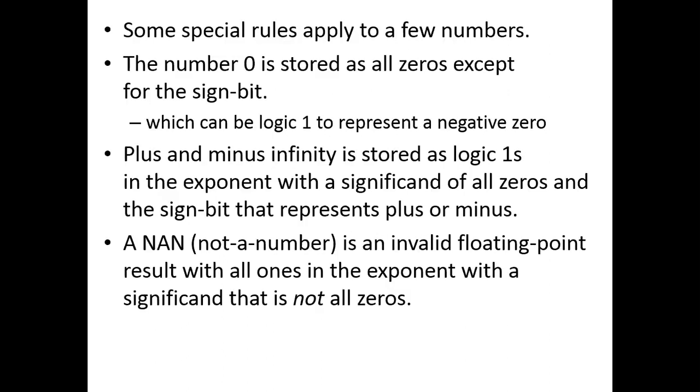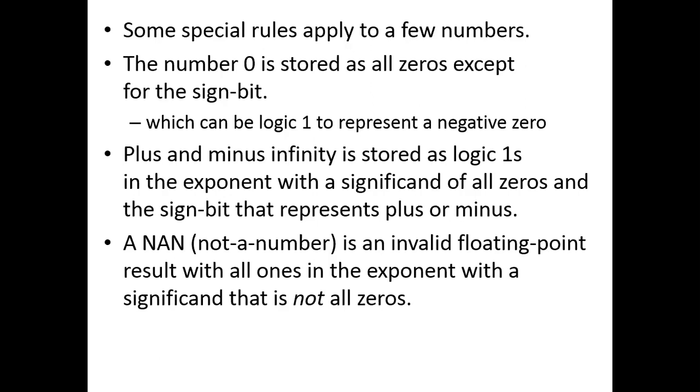To do all these, we need to apply a few rules. The number 0 is stored as all zeros except for the sign bit. Here in this representation, we can have a plus 0 and a minus 0. If the sign bit is 1, it indicates a negative 0. If the sign bit is 0, it indicates the positive 0.